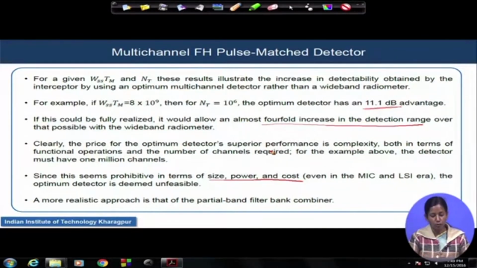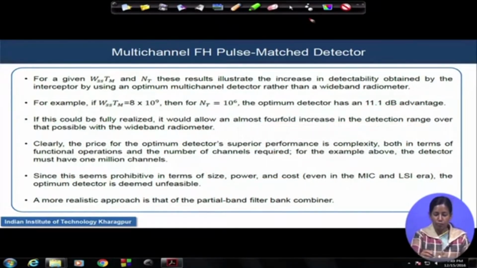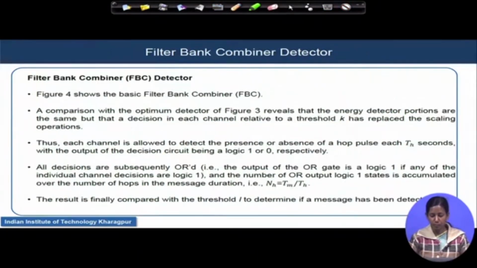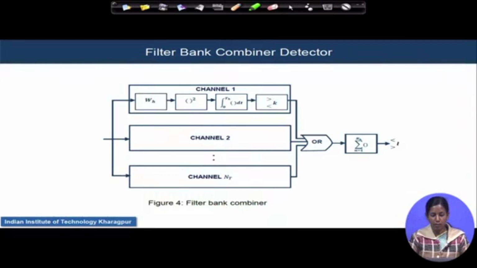We will try to get a realistic approach to this kind of detector, and hence we enter into partial band filter bank combiners. We call it FBC, or filter bank combiners, where the combiner figure will be like this.